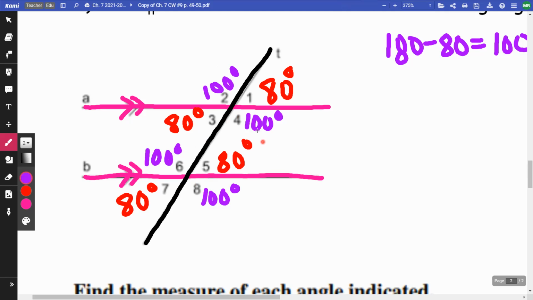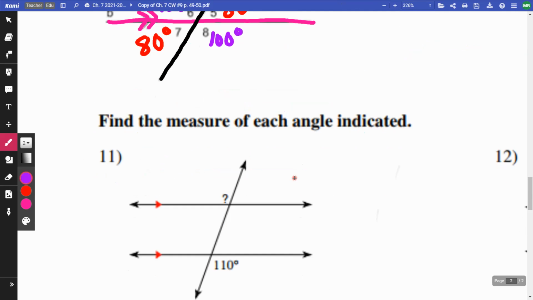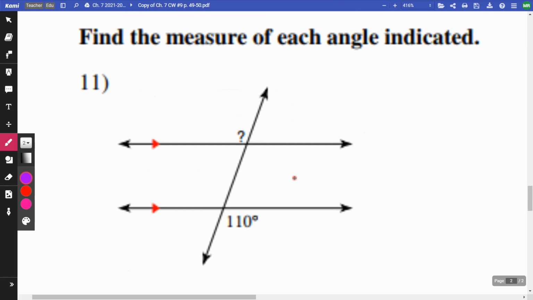It also has to be 100 degrees because 4 and 8 are corresponding. And 2 and 8 are alternate exterior angles. So you'll notice that we only got two angle values for all of these angles in parallel lines cut by a transversal. So now we're going to find the missing angle, and then we're going to state how we know so.